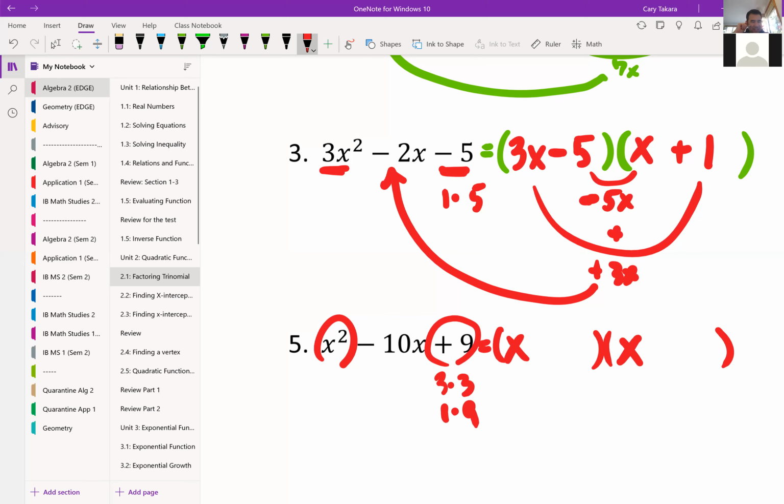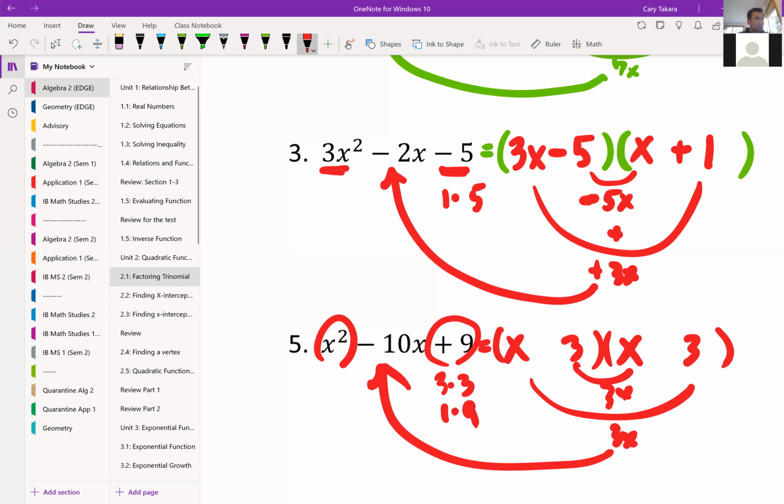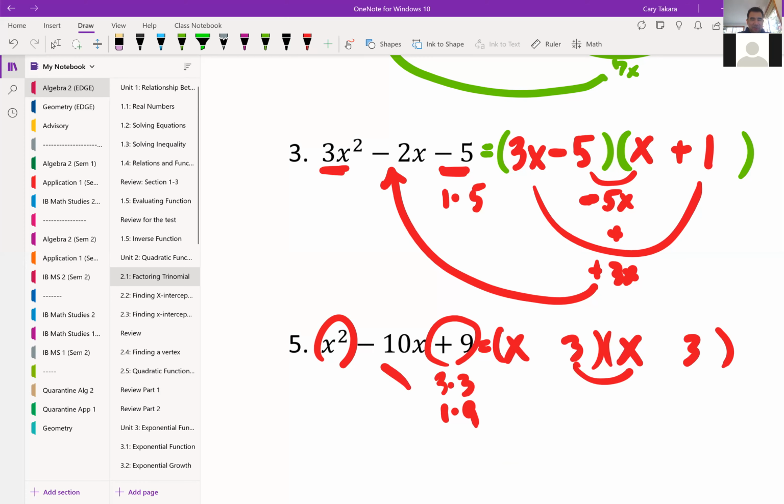Now, I can already see 3 and 3 is not going to work out, because it's 3x and 3x. Can you create negative 10x with 3x and 3x by adding them? No, you can't. And switching around is not going to make any difference. So 3 and 3 is not going to work out.